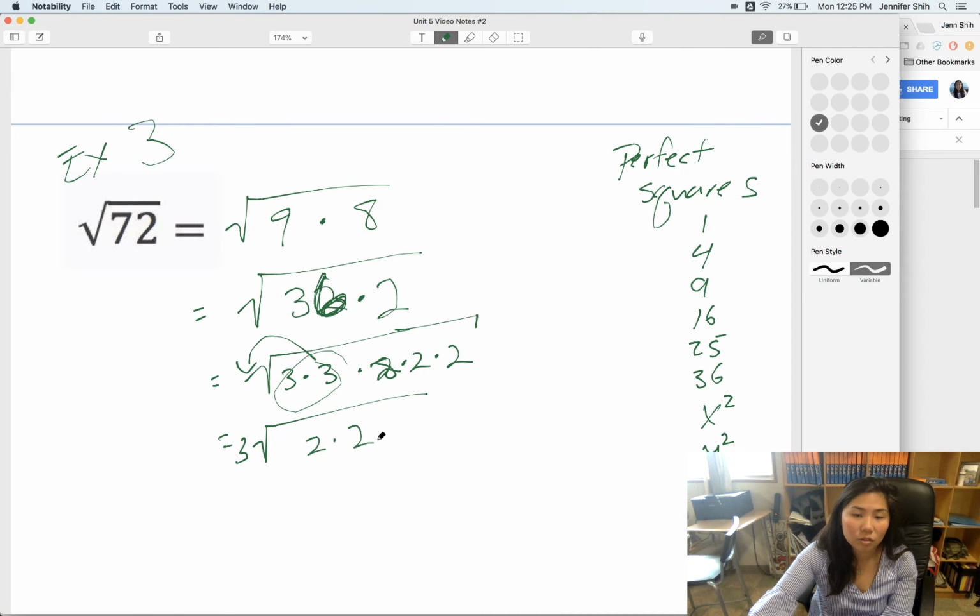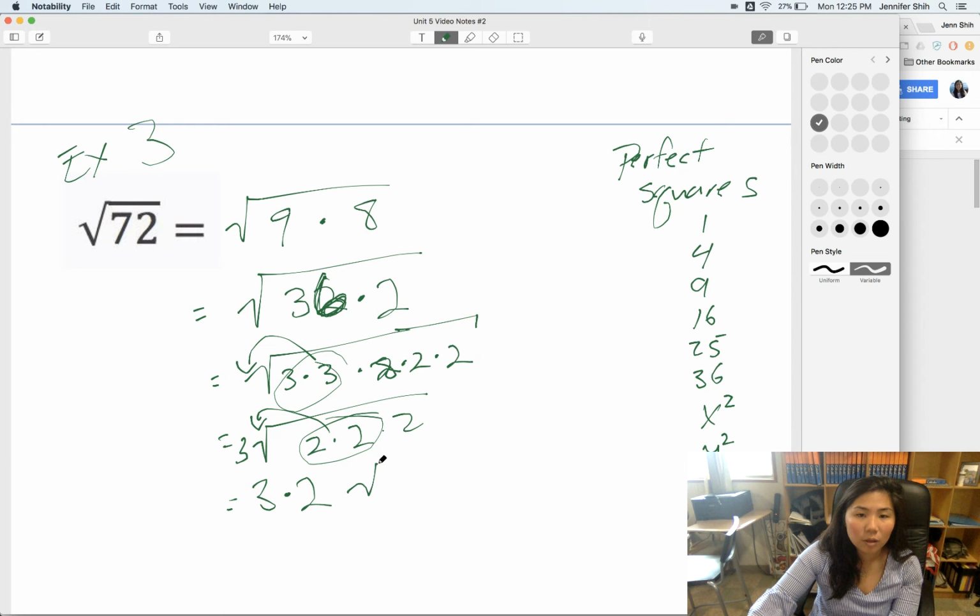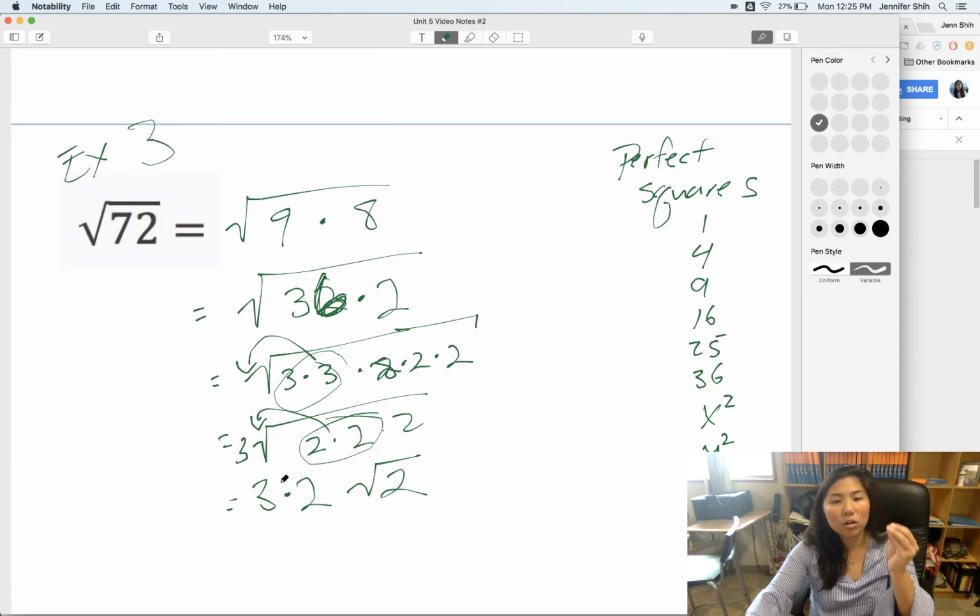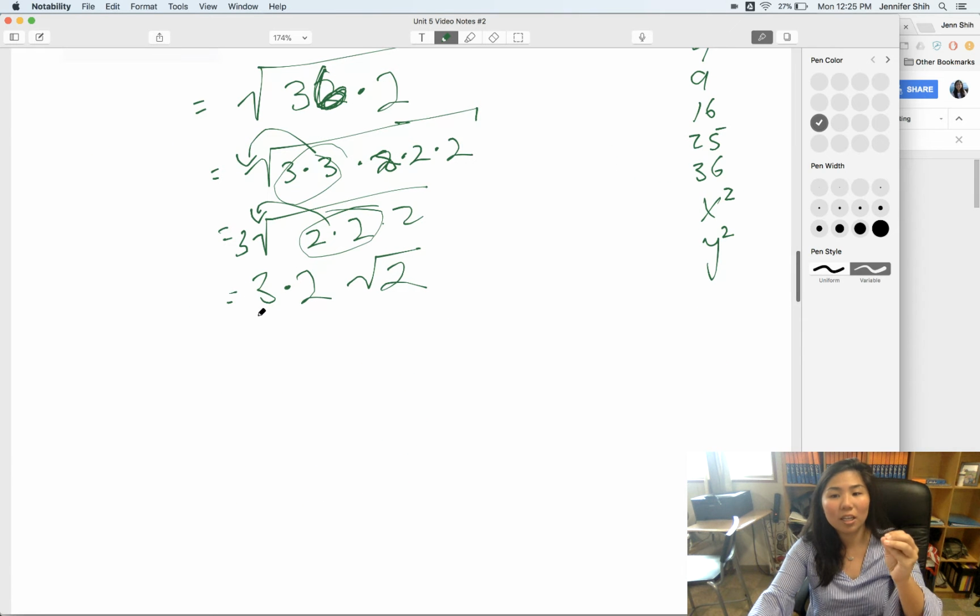Then you're left with 2 times 2 times 2. And because it is a square root, not a cube root or fourth root, 2 can also be released. The reason I'm writing it like this is because even though, yes, I know it's 6, I want to show you that it is multiplied together, because soon it's not just going to be numbers, it's going to be letters and variables in here too. So yes, you can multiply them. You do not add them, you multiply them.